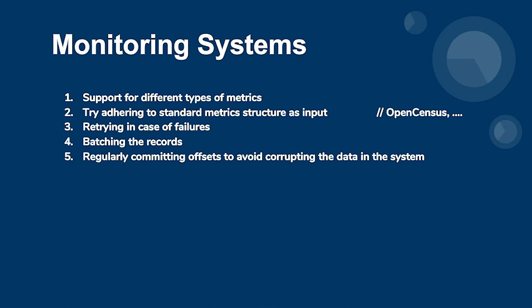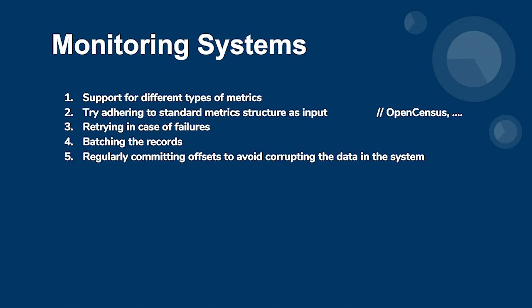We should try supporting different types of metrics as well, maybe in the form of gauges or histograms, whatever the external monitoring system supports. It's important for us to commit records accurately and often to avoid corruption of data in the external system.